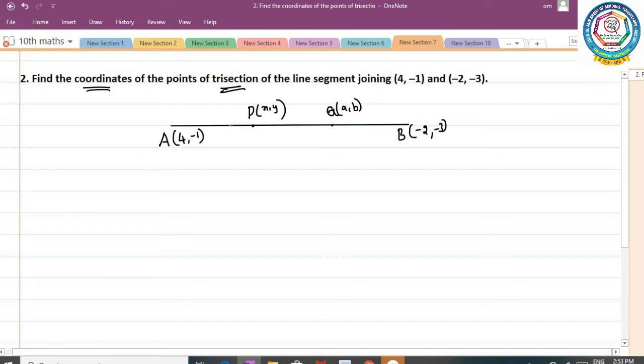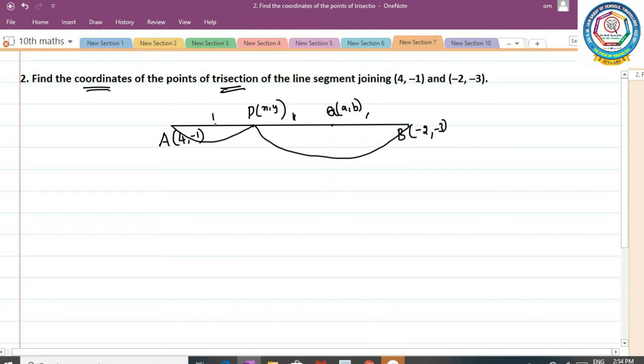AB is the line segment, and it is divided into 3 equal parts. We have to find the coordinates of P of (x, y) and Q of (a, b). So first we have to find P of (x, y), taking AP to PB by using the section formula.